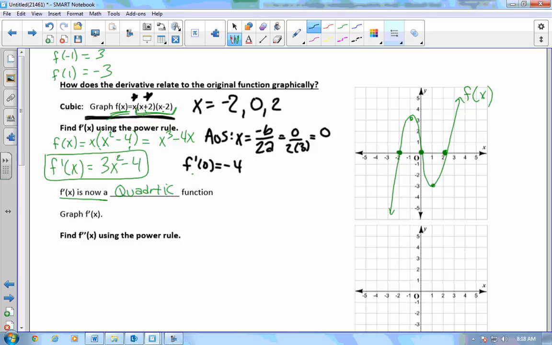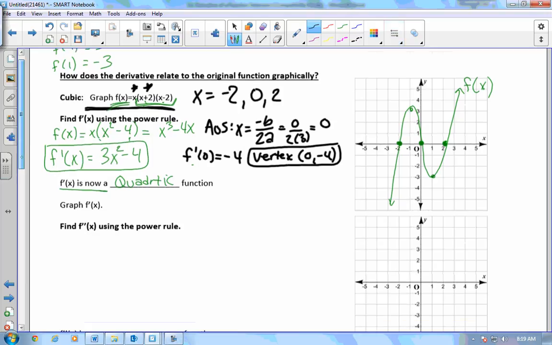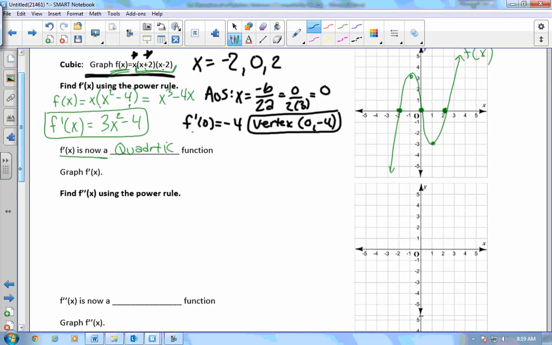So our vertex is 0, negative 4. Okay, so let's graph this thing. We'll do it in the next graph. 0, negative 4. Okay?